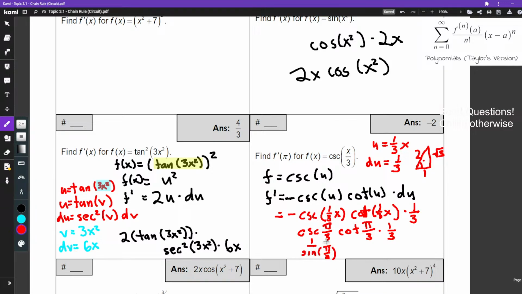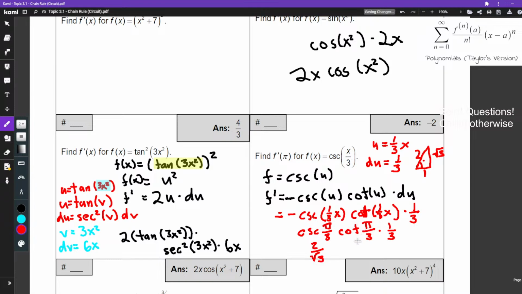Sine is opposite over hypotenuse. So if it's 1 over sine, it's going to be hypotenuse over opposite. So this is going to be 2 over √3.